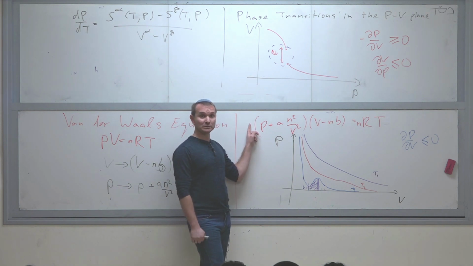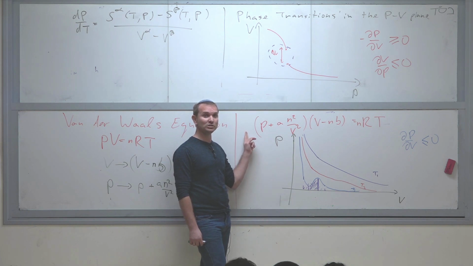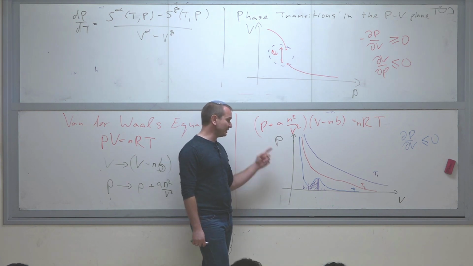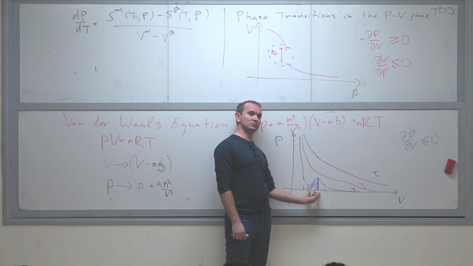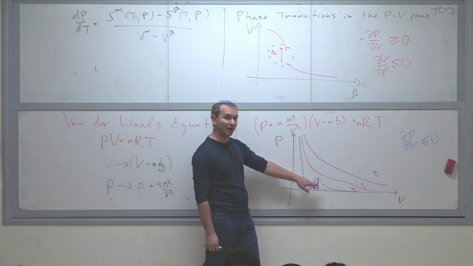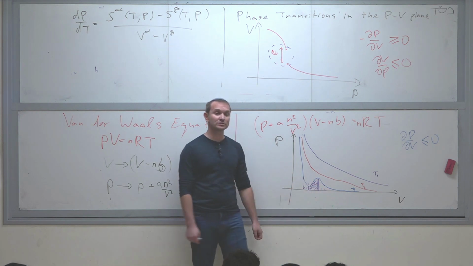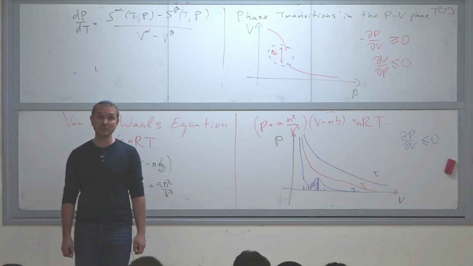And I will say to you, yes, exactly, this is true. What does this equation predict? This equation predicts that there is a non-stable situation, and what physically will happen is that the system at this pressure and volume will jump to some other situation with the same pressure and different volume, and a first order phase transition will occur.